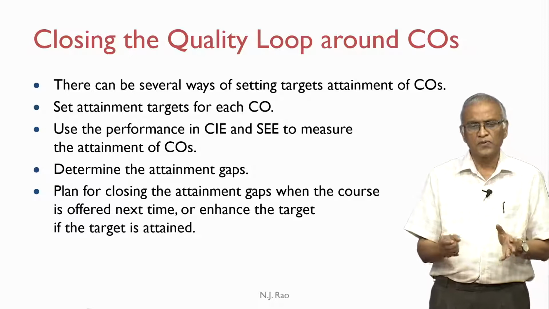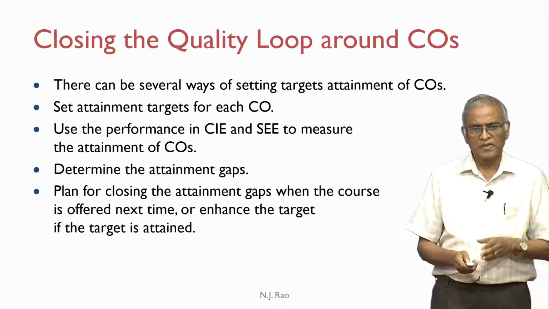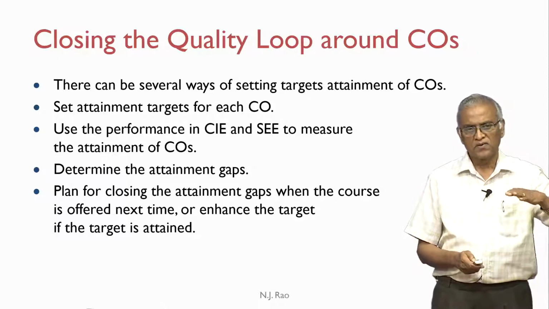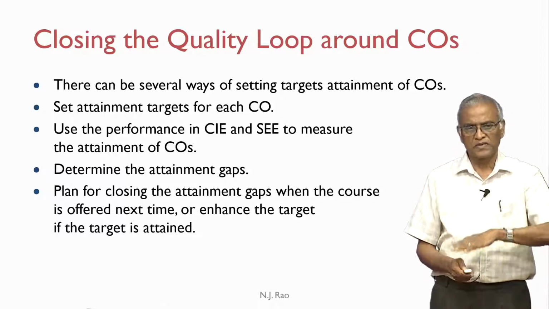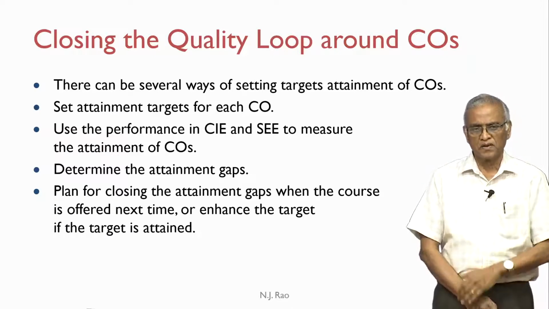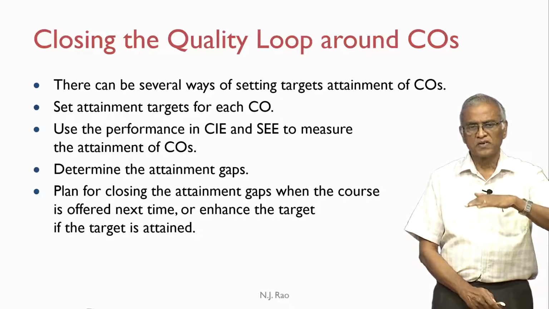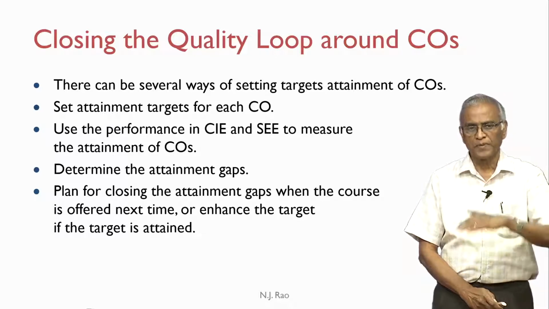That means all programs should follow the same process. And then you have the target, you have measured the performance, and then you measure the attainment, and after measuring the attainment, you also determine what is the attainment gap.